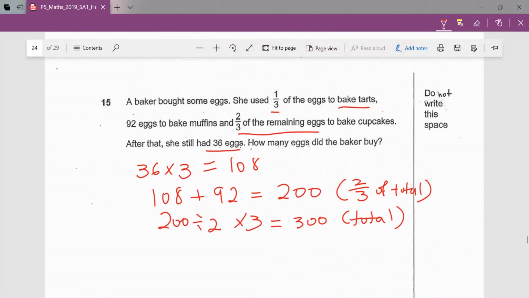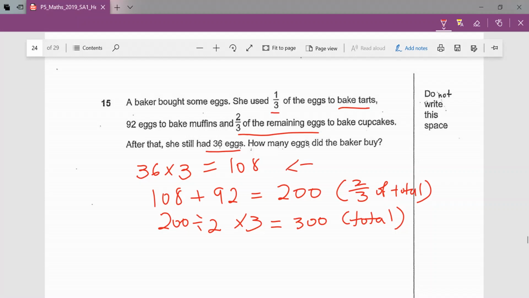If you're still unsure why I did this step over here, it's because it said that 2 out of 3 of the remaining eggs were used to bake cupcakes, and still had 36 eggs left, which means 1/3 of the remaining is 36.